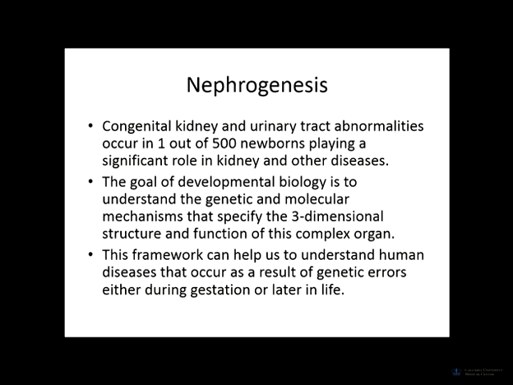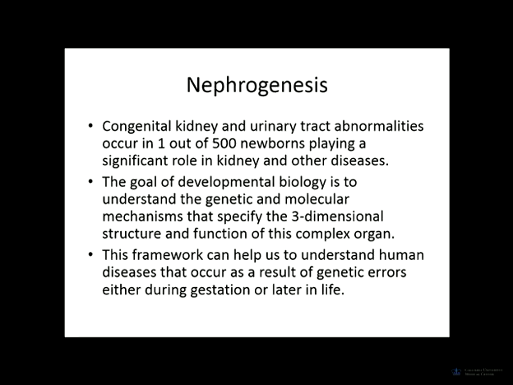Congenital kidney and urinary tract abnormalities comprise an important number of congenital defects. 1 out of 500 newborns have gross kidney abnormalities, and this plays a significant role in kidney diseases later in life. Our goal in the lab is to understand what's going on from the genetic and molecular standpoint that specify the 3D structure and the function of the kidney.